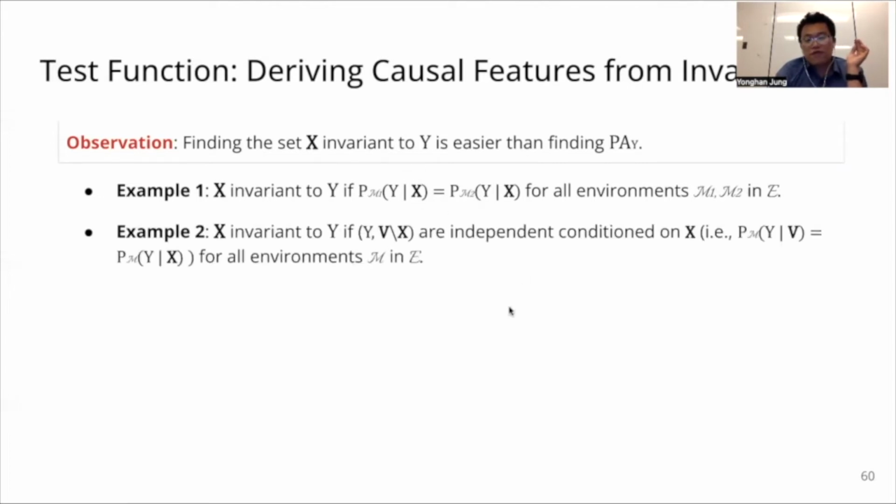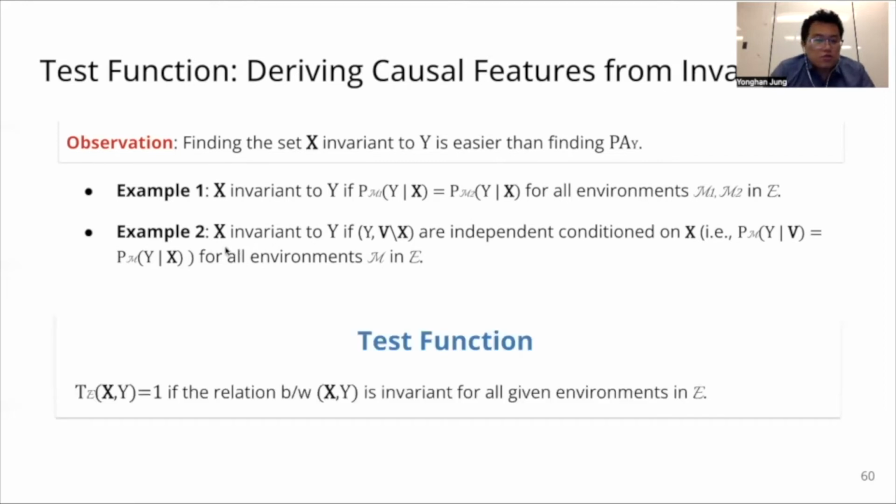Or if we have a good conditional independence measure, we can check whether Y and V minus X are independent given X or not. And if they are conditionally independent, then we can consider X as an invariant set. So we define this as a test function that tests whether or not this X is invariant to Y for all environments.